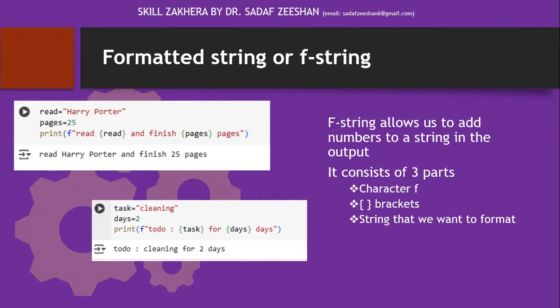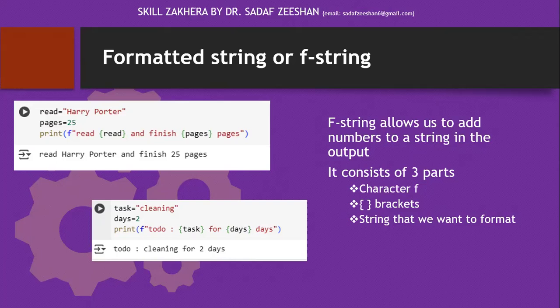That's all. So this is going to read Harry Potter and finish 25 pages. Now we can see that read was replaced with Harry Potter and pages was replaced by 25. F strings allow us to add numbers to a string in an output.